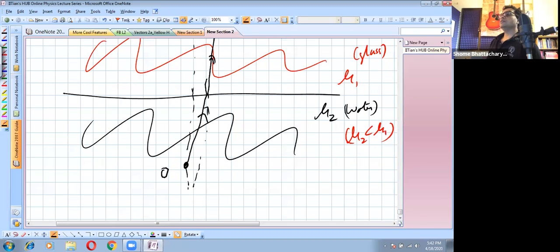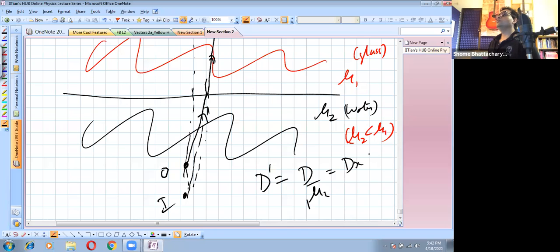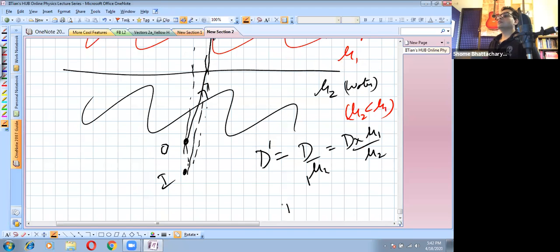So they will tend to meet the principal axis at a lower point over here. So again, your apparent depth will be given by the same formula. It is real depth upon refractive index of 2 with respect to 1. But as you can see, this will become d into mu1 by mu2. And this time what is happening? Mu1 is greater than mu2. So your apparent depth will become greater than real depth.